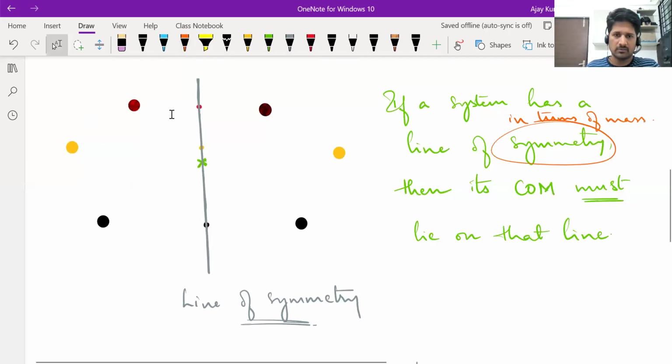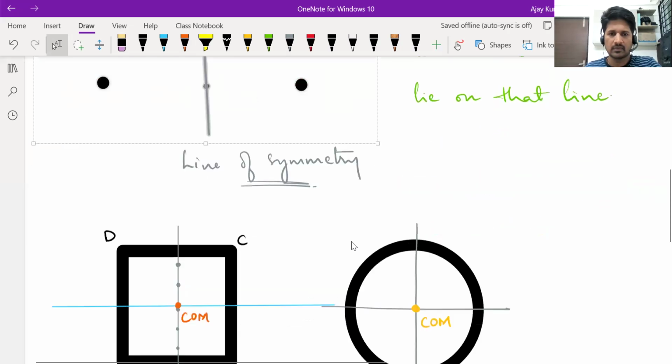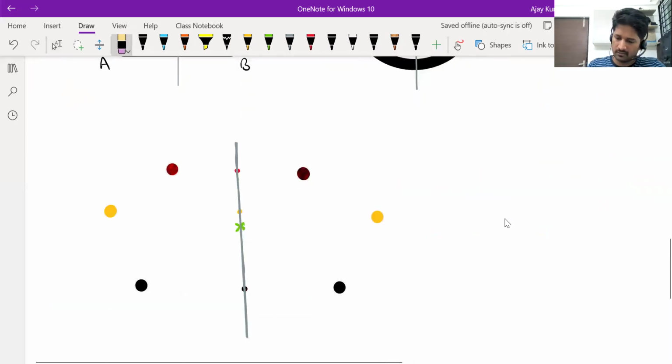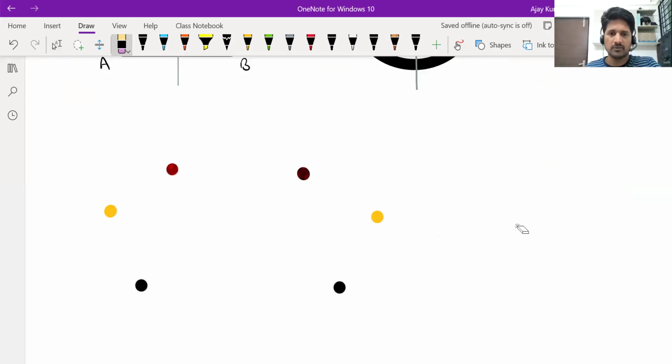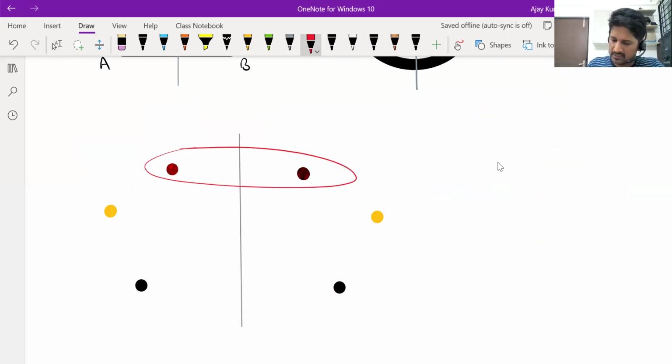Now see, we took a system of 6 particles like this. Let me copy this diagram. We took a system of 6 particles like this, which had a line of symmetry. How did we prove that the center of mass lies on this line? For the red dots, the center of mass is here.